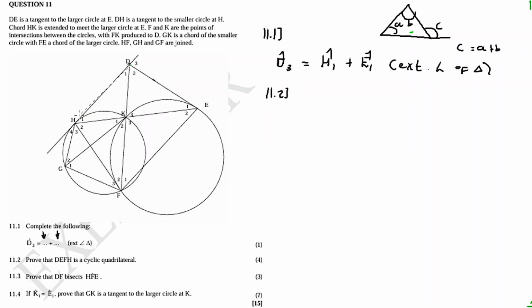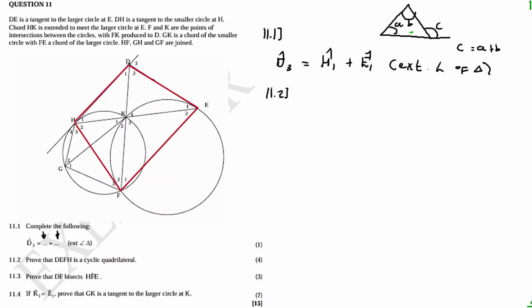So D, E, F, H, then D. Let me use red. Now, alright, so it's this one. Okay, so they want us to prove actually that this is a cyclic quad. Okay, so where do I start now?